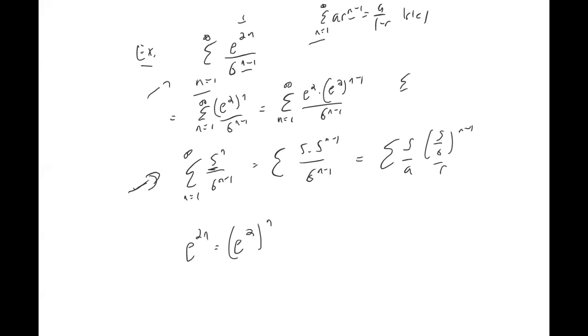And we are done, to have e squared over 6 to the n minus 1. Sorry, no, wrong one. So this is your a, this is your r. And e is 2.7 something, so when you square it, it's going to be bigger than 6.